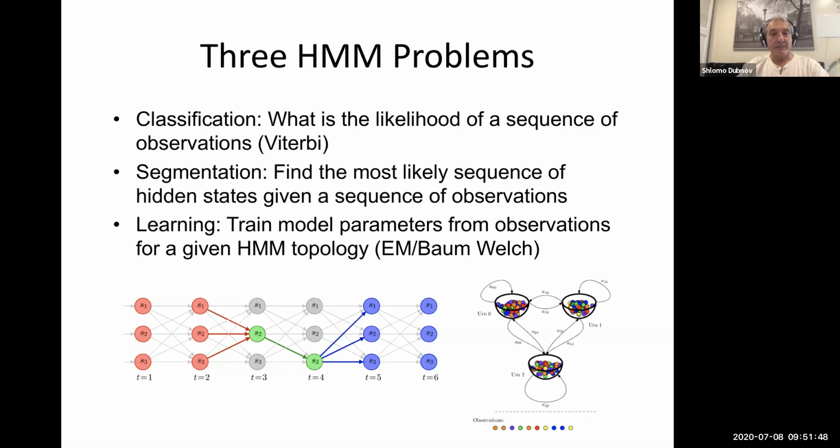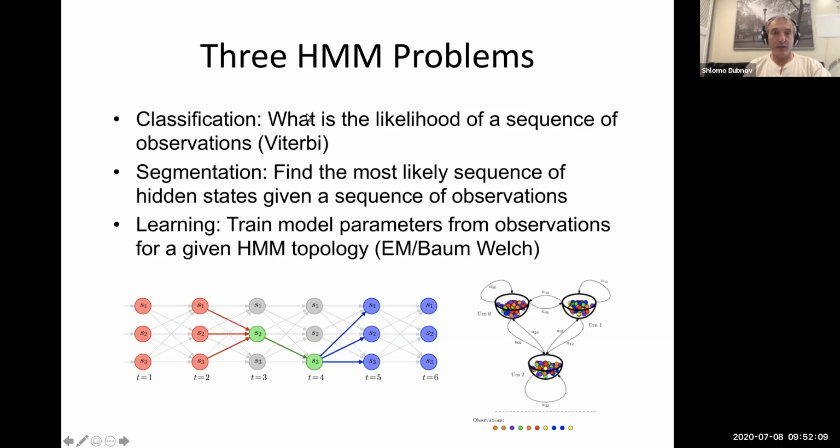But the classification part is usually the idea that if you have different models or different labels, so let's say each model like this will have its own label, and you run your observations through different models like this, you will take the maximum likelihood solution.